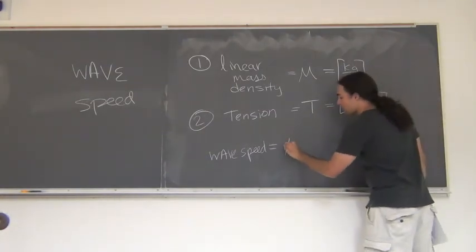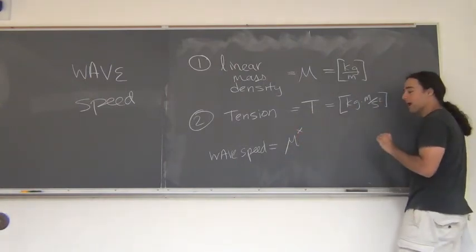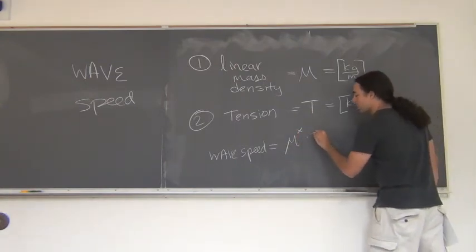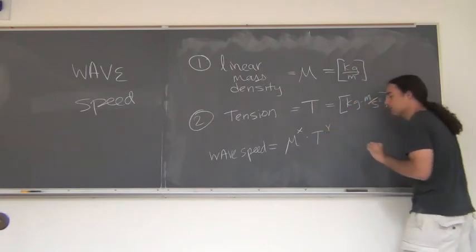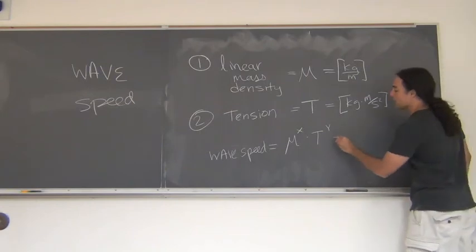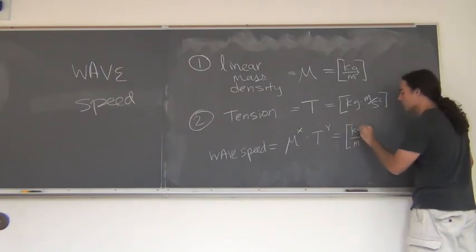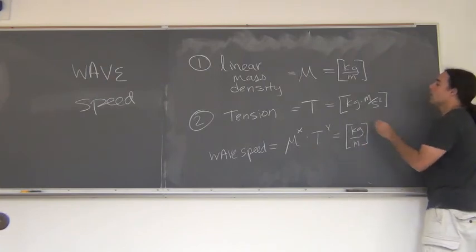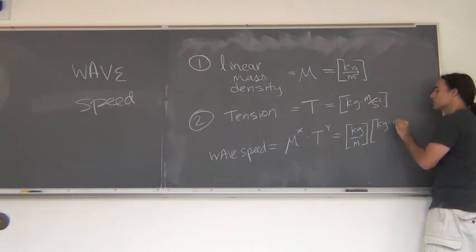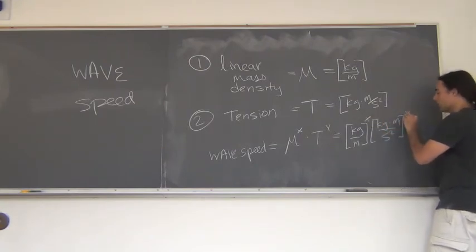So maybe I can get meters per second by taking mu to some power x times the tension to some power y. If I do that, I will get kilograms per meter, and I will get kilograms meters per second squared over here to the x and to the y.